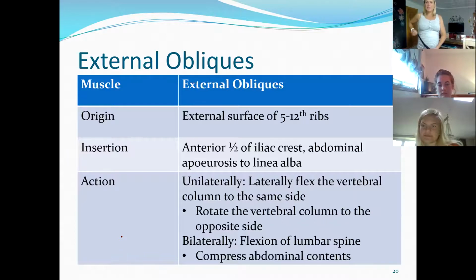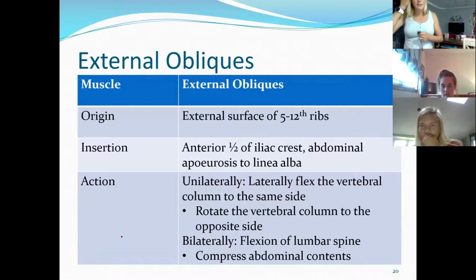Unilaterally, two different things. Unilaterally, it can do lateral flexion to the same side, okay? So my right external obliques help with right lateral flexion. And then just like we saw with the sternocleidomastoid, they're going to cause rotation in the opposite way. So right external obliques help with left rotation, okay?